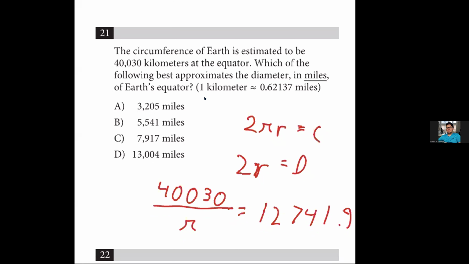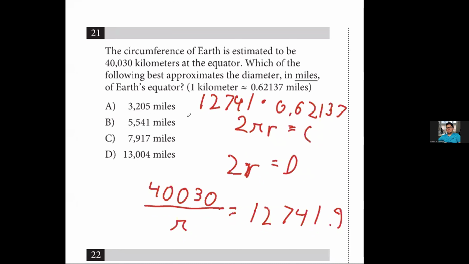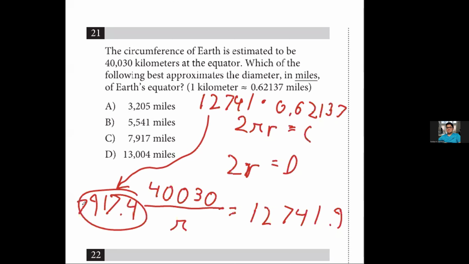So we would just take 12,741 and then multiply by 0.62137, which would get us 7917.4. So the correct answer was in choice C, 7,917.